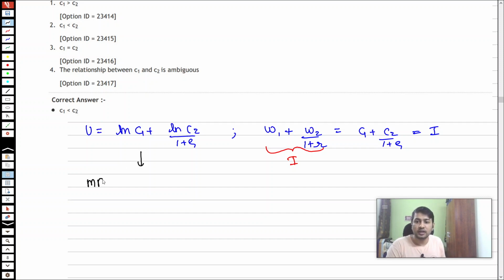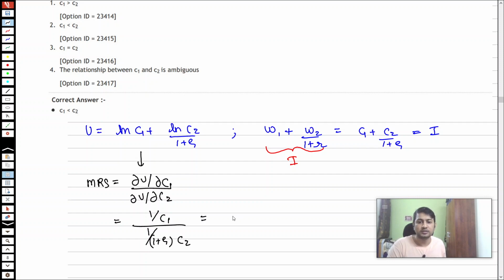So here the MRS will be equal to del U by del C1 upon del U by del C2. Del U by del C1 is 1 by C1 and del U by del C2 is going to be 1 by (1 plus rho) into C2. So that is equal to (1 plus rho) into C2 upon C1.